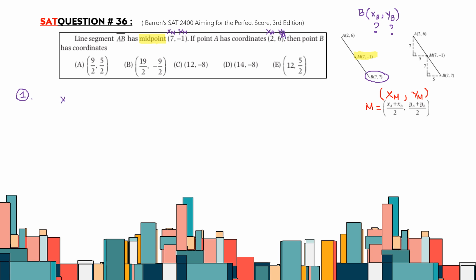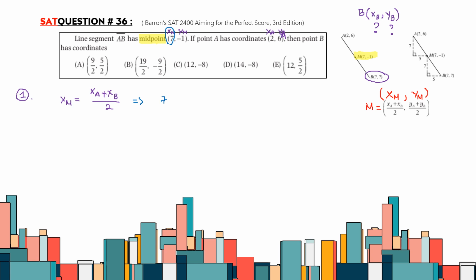We have x of M equals x of A plus x of B over 2, and we already know that x sub M is 7.